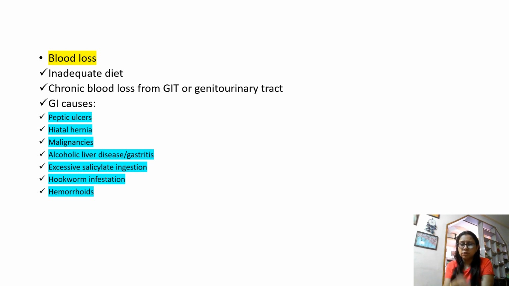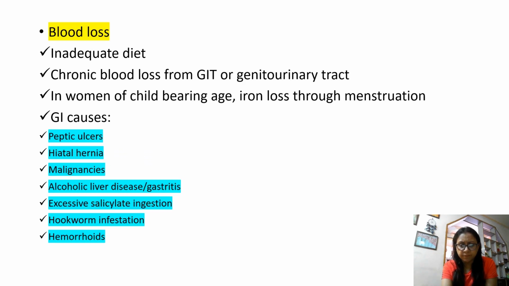So these are a few GI causes which lead to blood loss and result in iron deficiency anemia. And sometimes in women of childbearing age also, as we know, iron is lost through menstruation.